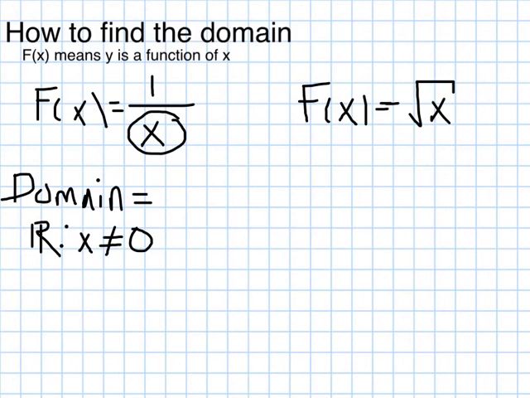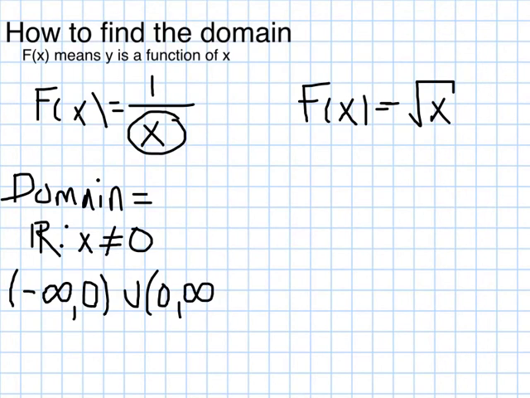Because if I put 0 in there, then you have 0 in the denominator, and we all know that you cannot do that. If you were to write that as interval notation, that would be negative infinity to 0, union 0 to infinity. So that would be the restriction in that domain.